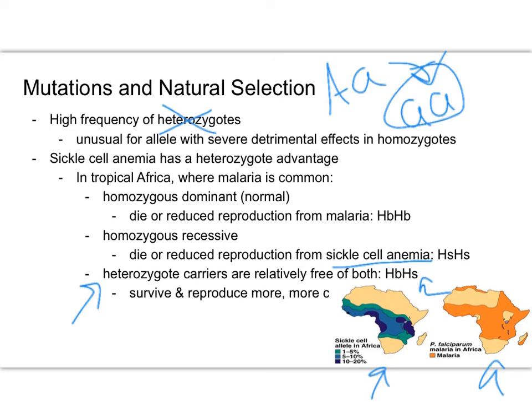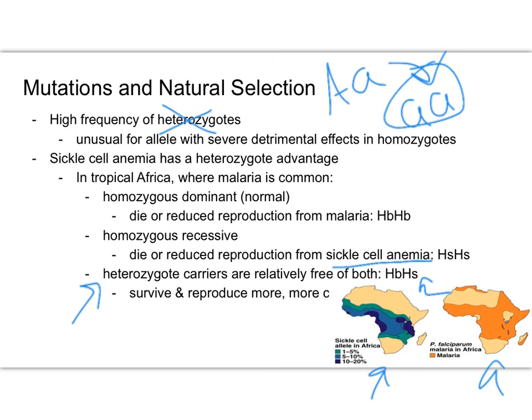The way malaria works is the mosquito doesn't cause malaria. Malaria is caused by what's called the plasmodium, the parasite. The mosquito is the vector that transfers the plasmodium from organism to organism. The plasmodium then infects the blood cells.